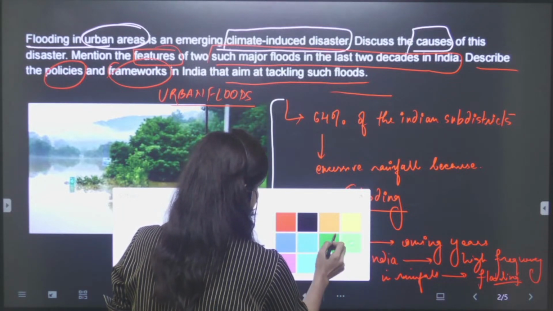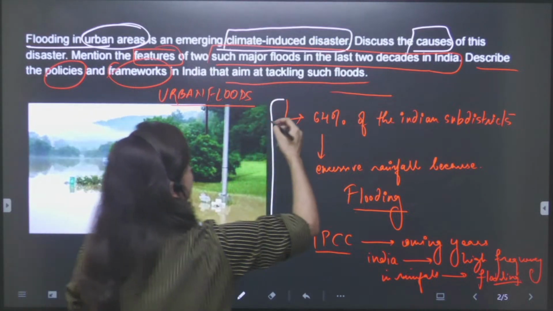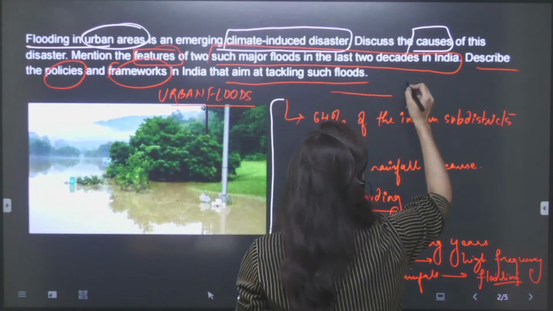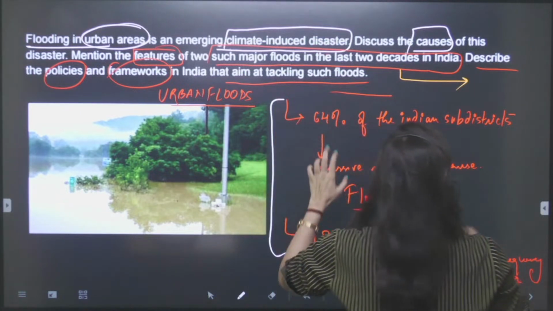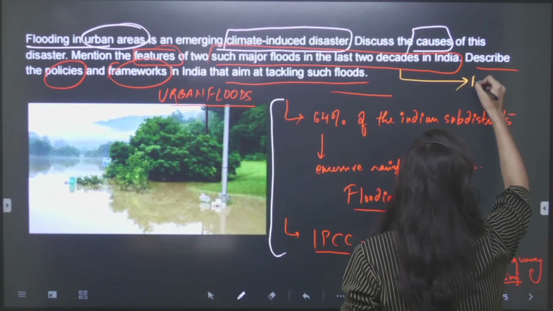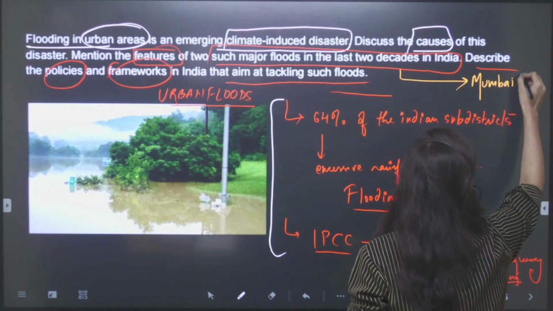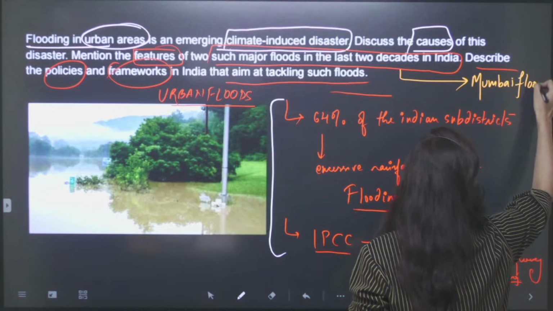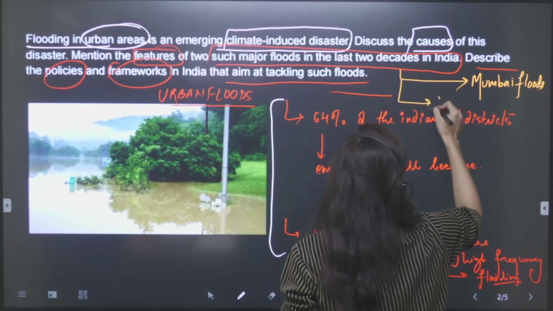Okay. So in previous years, what we have seen is that 2 incidences have happened. And what are those 2 incidences? One is the Mumbai floods, and the other one is the Chennai floods.